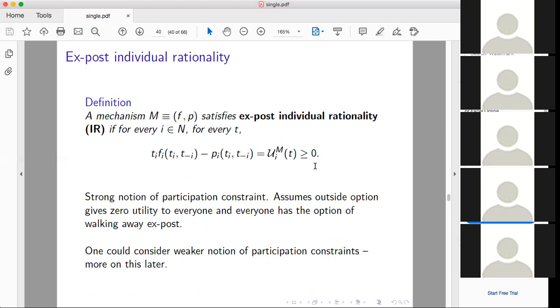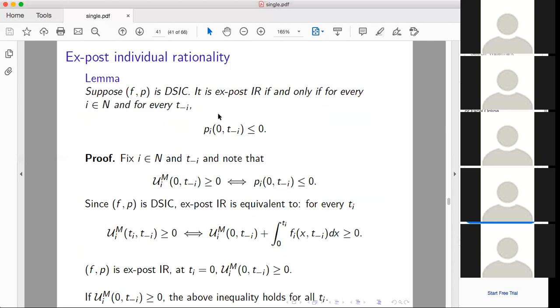Hence pi_i(0, t_-i) is less than or equal to 0, which is exactly what we have here. So ex post IR implies this condition, because this is just the ex post IR constraint for t_i equal to 0. Now the other direction follows because this is a DSIC mechanism.